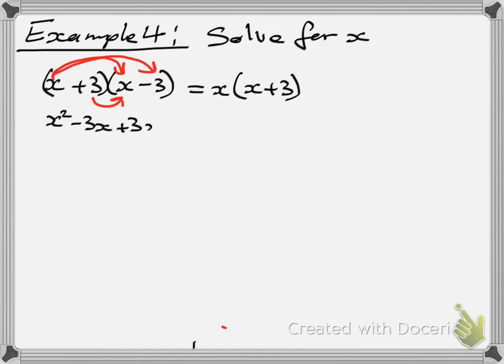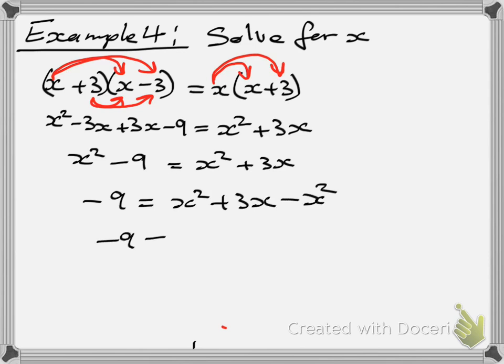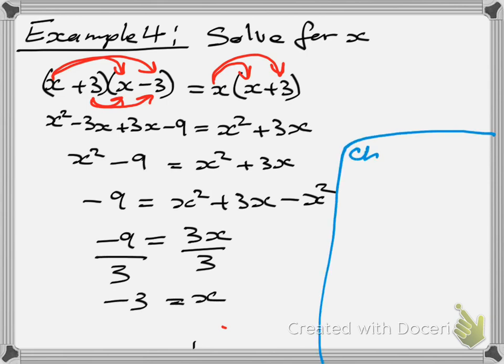Here we do FOIL, remember FOIL, and do the distributive law of multiplying inside the brackets. We simplify both sides, and now we eliminate x from the right hand side. We subtract x from both sides, then you divide both sides by 3. Your x will be equal to -3.